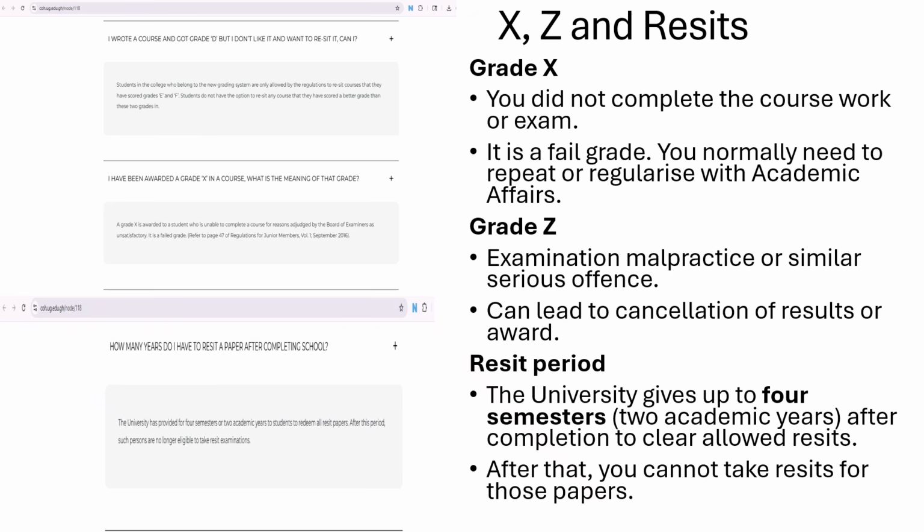So it is considered a fail grade, similar to an F. Grade X means that the student did not meet the requirement to finish the course, and it counts as a failure when calculating eligibility for graduation or your FGPA.